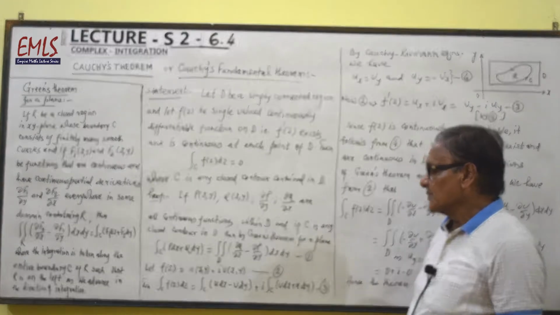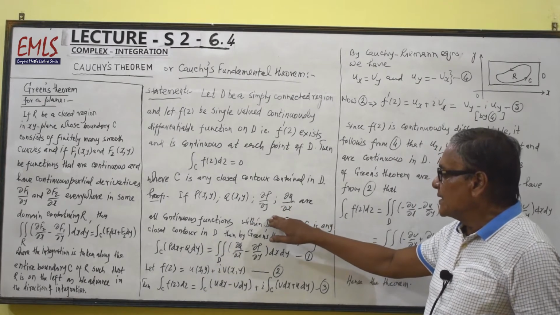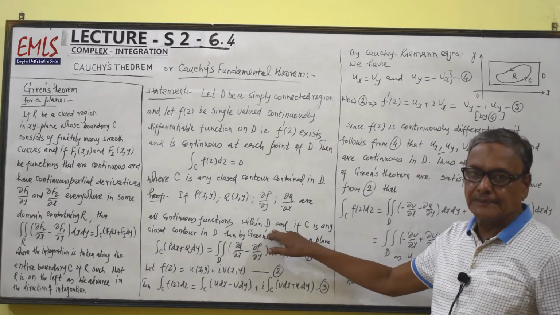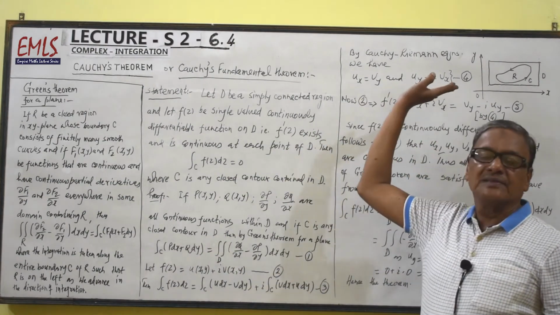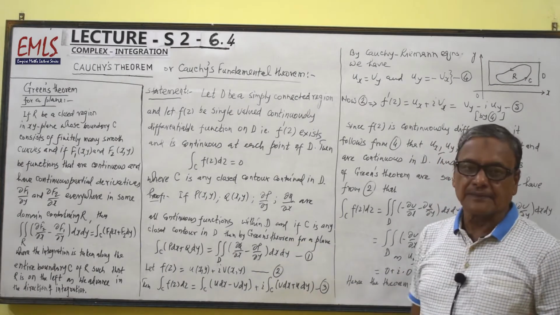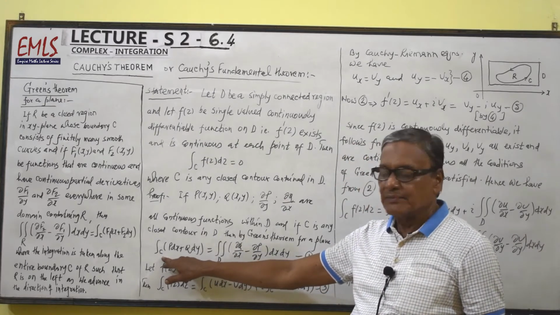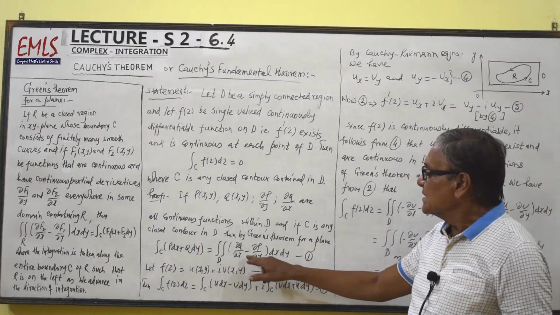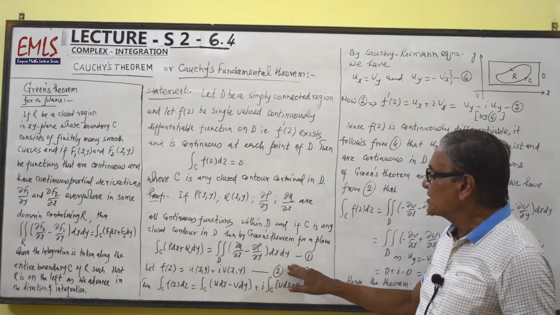Proof: if P(x,y), Q(x,y), del P/del y, del Q/del x are all continuous functions within D, and if C is any closed contour in D as shown in this diagram, then by Green's theorem for a plane we can write the line integral over C of P dx plus Q dy equal to the surface integral over D of (del Q/del x minus del P/del y) dx dy.